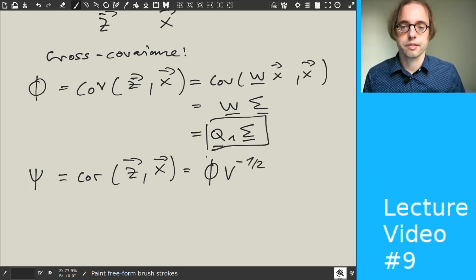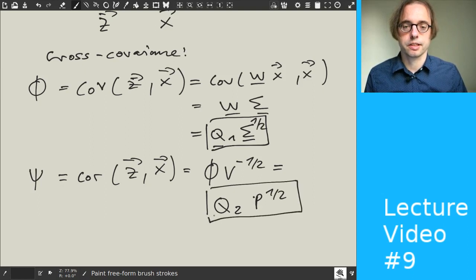X needs to be standardized, Z doesn't need to be because it is already standardized. If you plug this in, you get Q2 times the matrix square root of the correlation matrix.